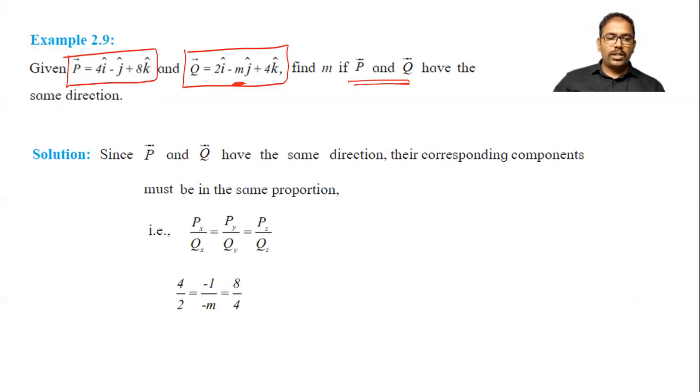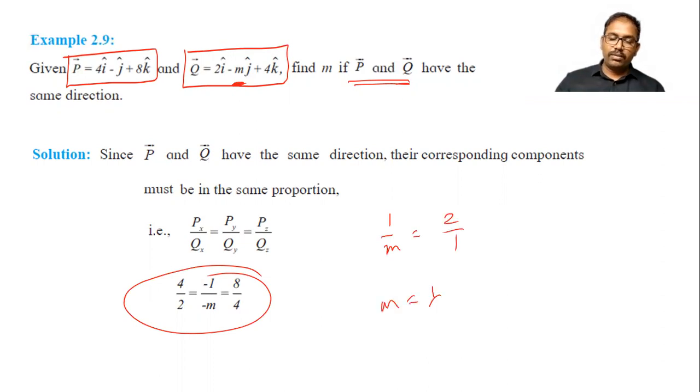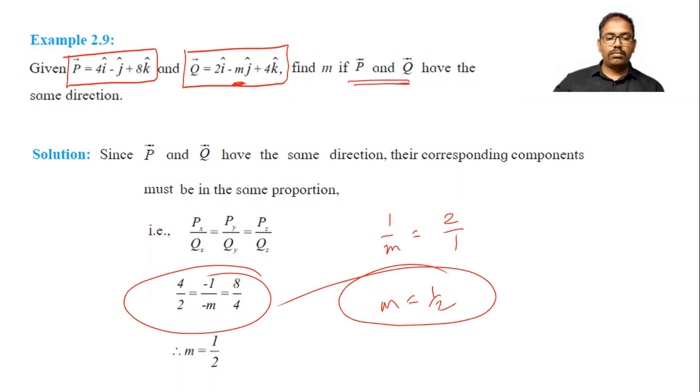Now here, this Px is 4, Qx is 2. So 4 by 2 is equal to minus 1 by minus m, equal to 8 by 4. Now 4 by 2 and 8 by 4 is coming 2 by 1. So this 1 by m is equal to 2 by 1. So m is equal to 1 by 2. And this is the answer.